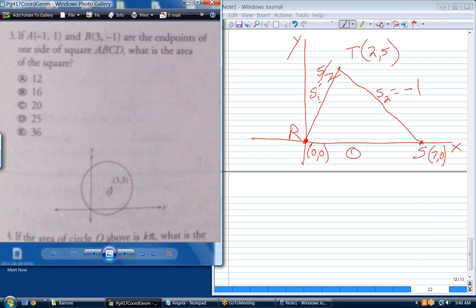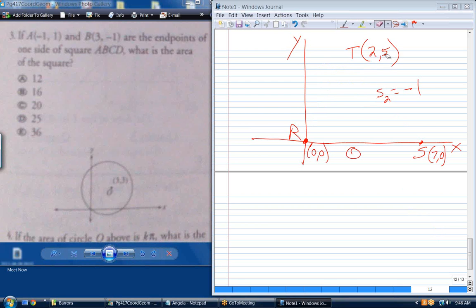Okay, I'm going to leave my grid up here because all of these problems are going to be based on points on the grid. A is at minus 1, 1. You're good with plotting points?